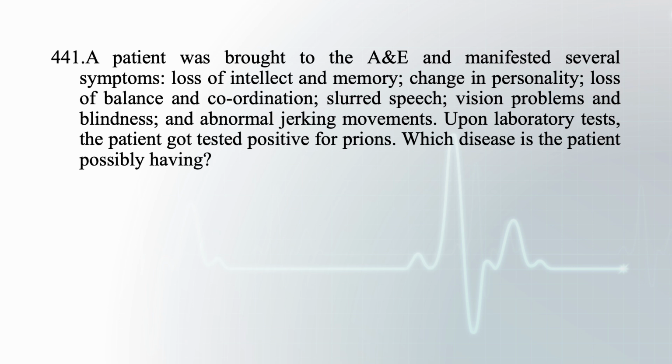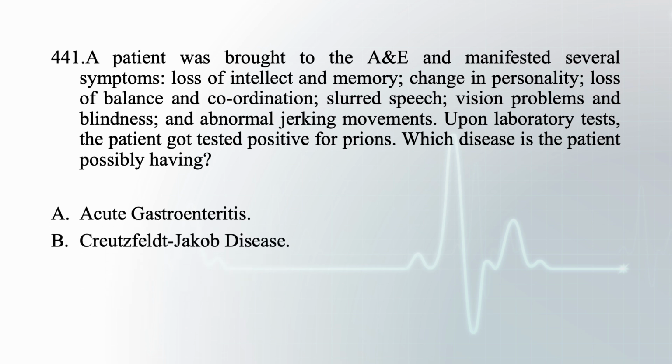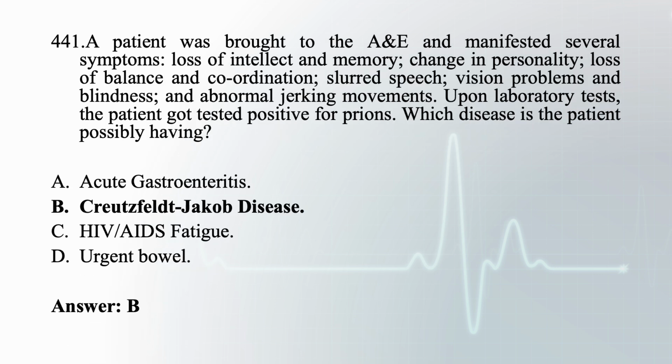Upon laboratory tests, the patient tested positive for prions. Which disease is the patient possibly having? Option A, acute gastroenteritis. Option B, Creutzfeldt-Jakob disease. Option C, HIV/AIDS fatigue. Option D, urgent bowel. The correct answer is option B, Creutzfeldt-Jakob disease.